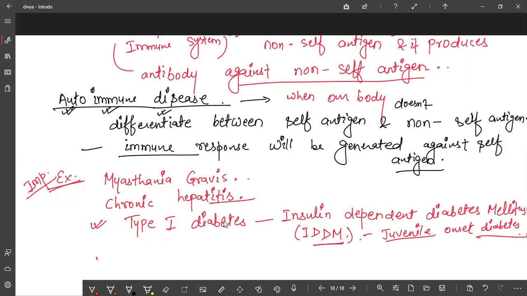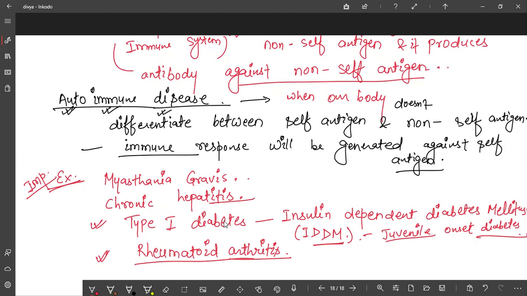And one more you have studied in movement and locomotion, that is rheumatoid arthritis. In rheumatoid arthritis, there is joint pain. This is also an autoimmune disease. One factor is there that is called IgM factor, and in this, inflammation of the joint occurs.